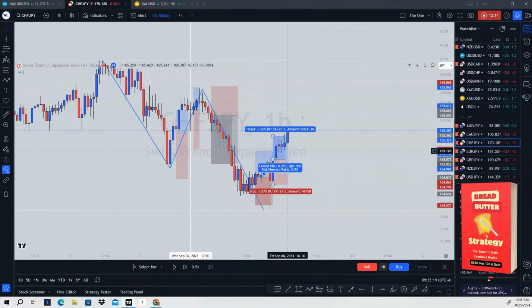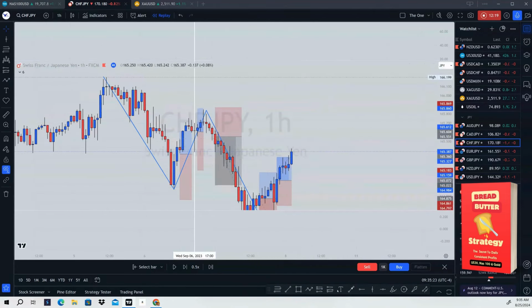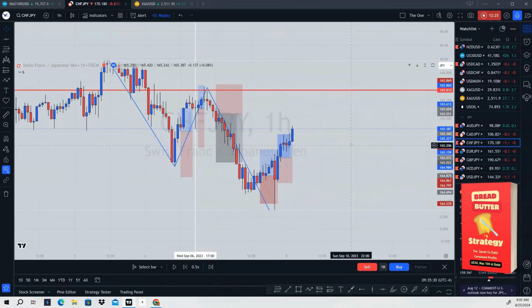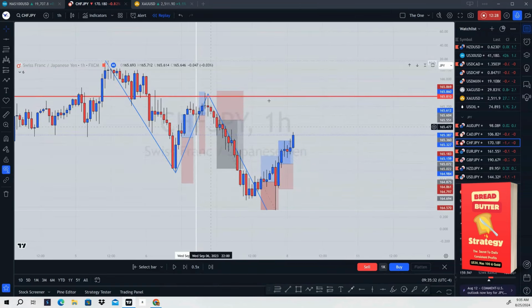Now price created a lower high. Okay, so unless price comes up here and breaks this area or this high here, we're still bearish. If price comes up and breaks this area, then we're going to be moving in a different direction.